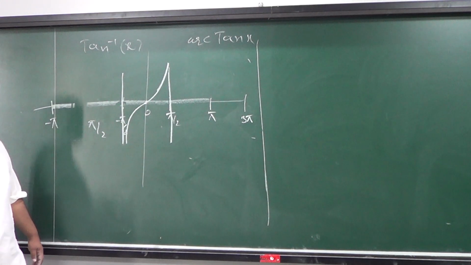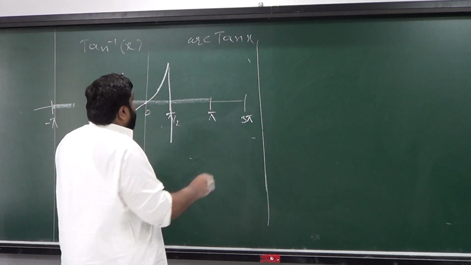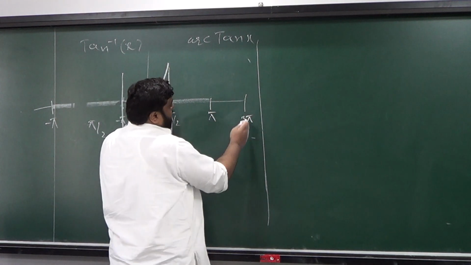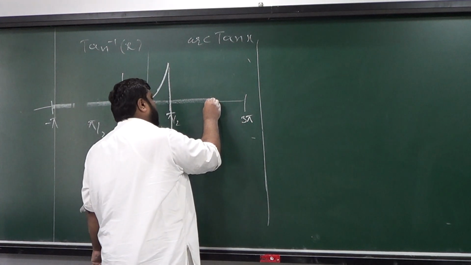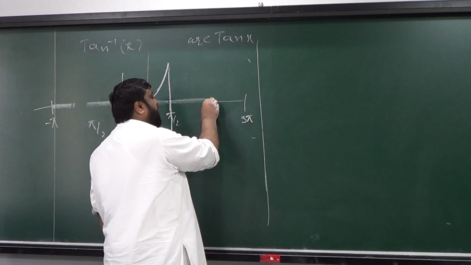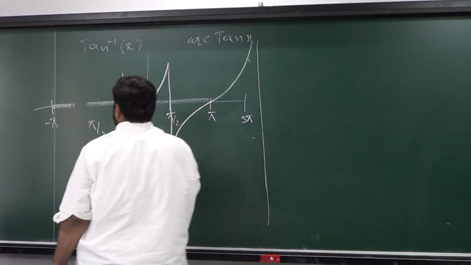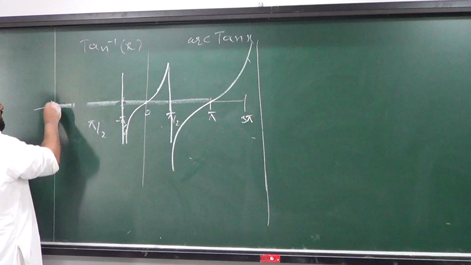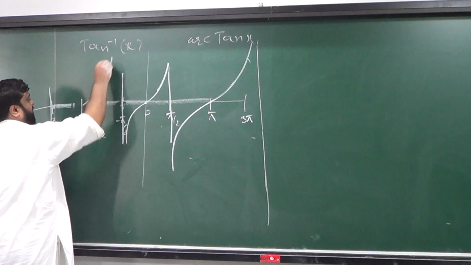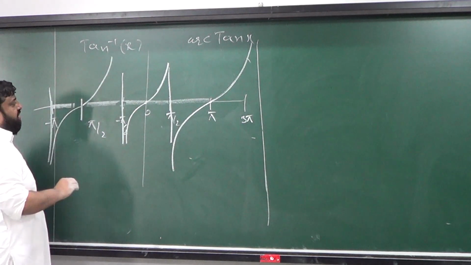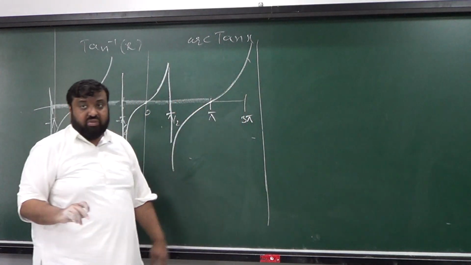You can take another piece of length pi and you're going to get the same. Sine pi is 0, so you're going to get all such graphs. This is not just going to be one graph, but the graph of the tangent is going to look like similar kinds of things.